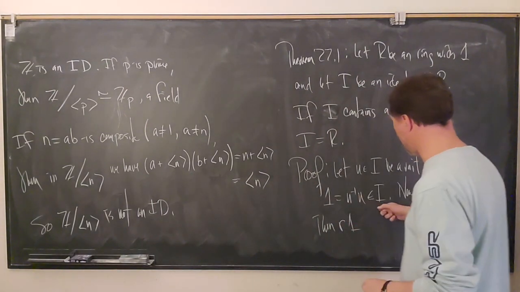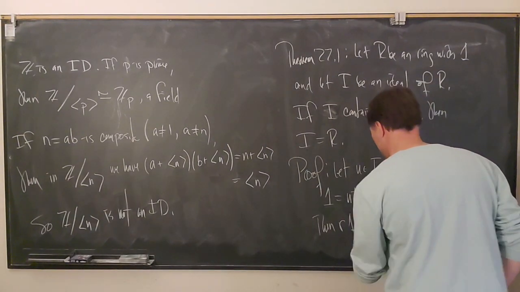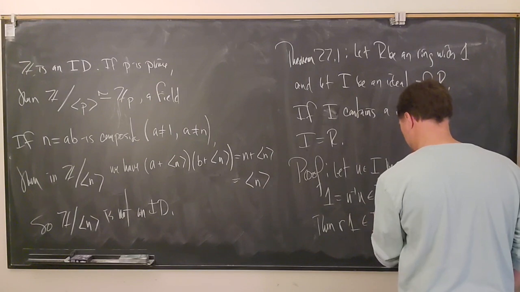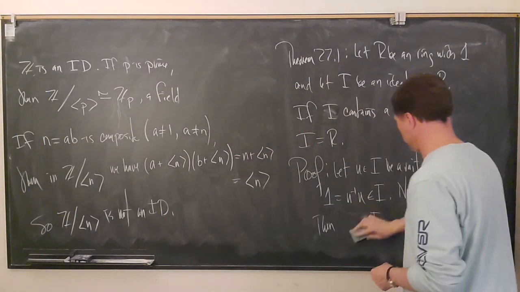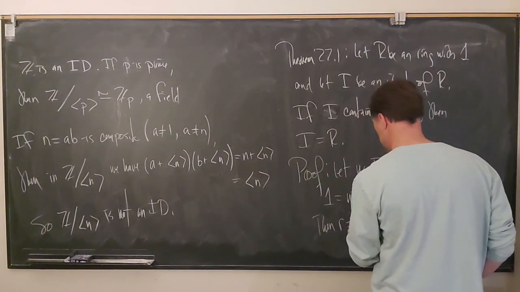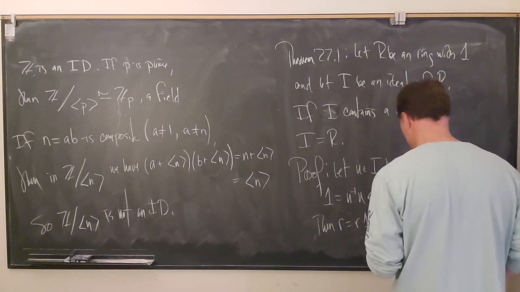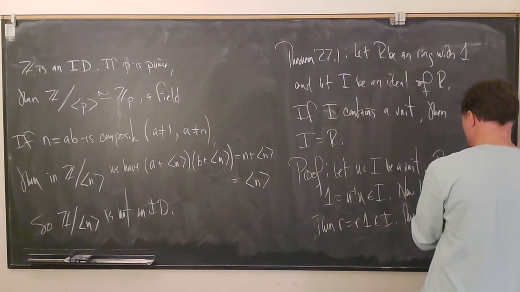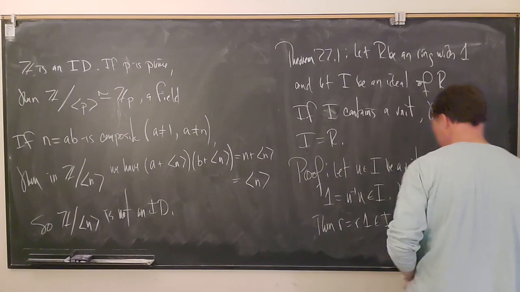Well, 1 lives in I, and I is closed under external multiplication, which means this is an element of capital I because I is an ideal. Therefore, R is a subset of capital I, and that's all we need to complete the proof.